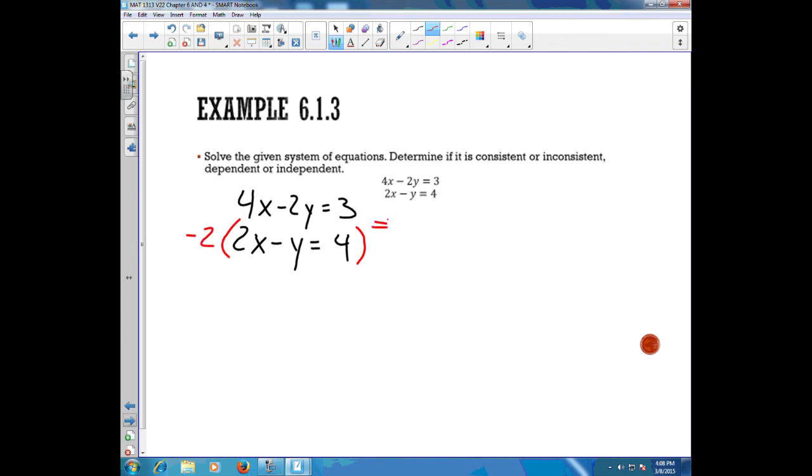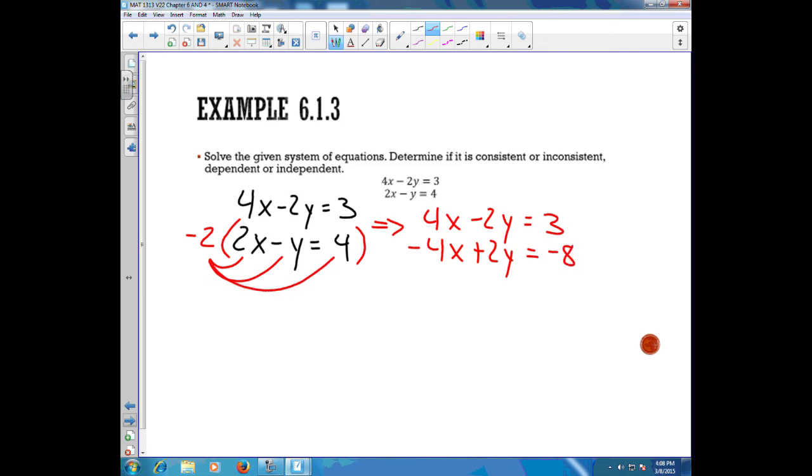And what we'll get is 4x minus 2y equals 3. And on the bottom, we get negative 4x plus 2y equals negative 8.